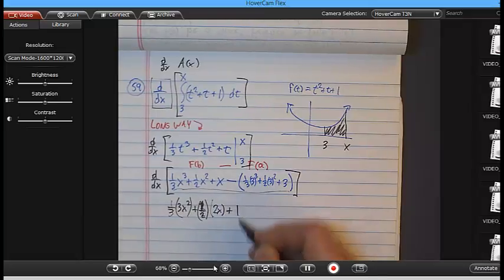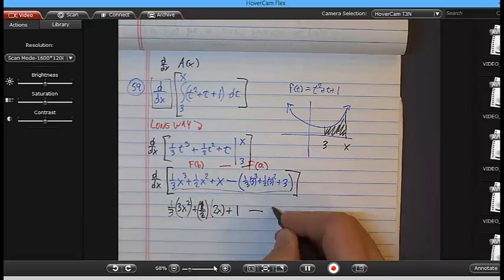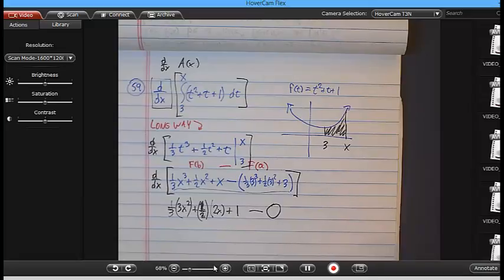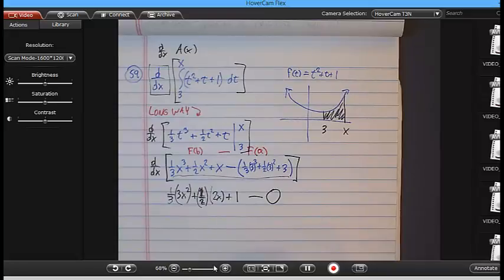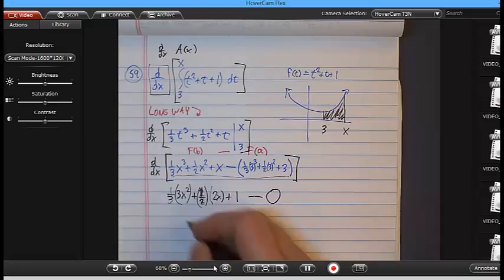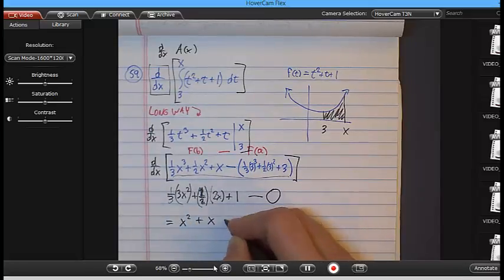Plus 1. Minus 0, right? Why? That's a big constant. I don't know what it is, but it's a big constant. So the derivative of all this is x squared plus x plus 1.